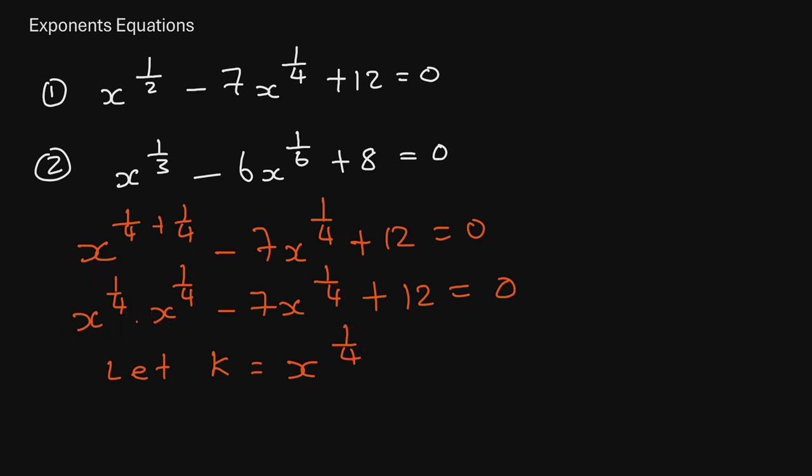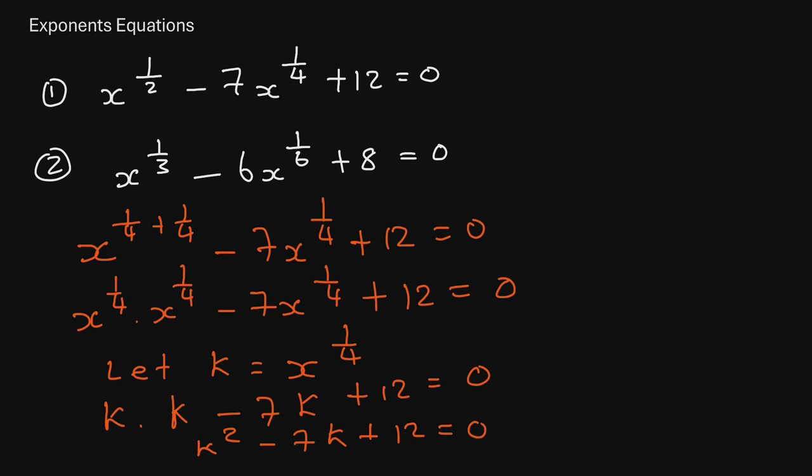So now here is going to be k multiplied by k, because we have x to the power of 1 over 4 multiplied by x to the power of 1 over 4. That means k multiplied by k. And therefore you have minus 7. X to the power of 1 over 4 can be written as k, so we have plus 12 equal to 0. And therefore this whole thing just simplified to be k squared minus 7k plus 12 equal to 0.